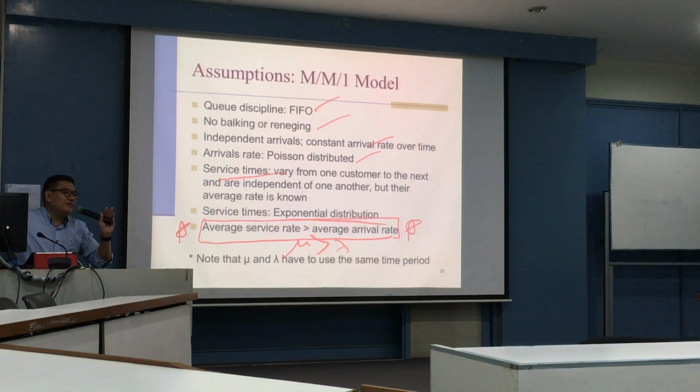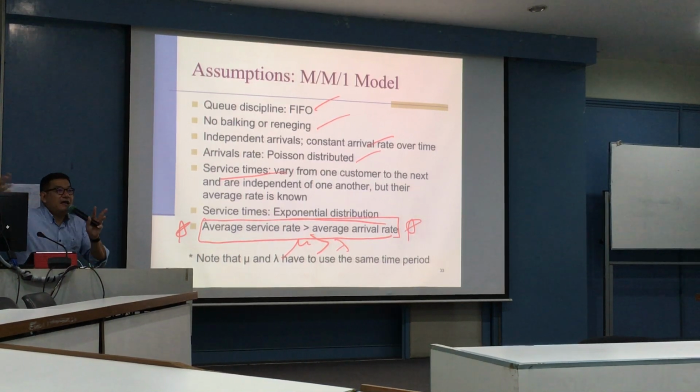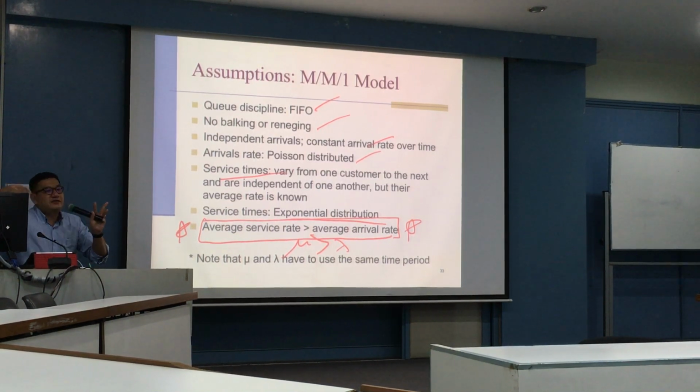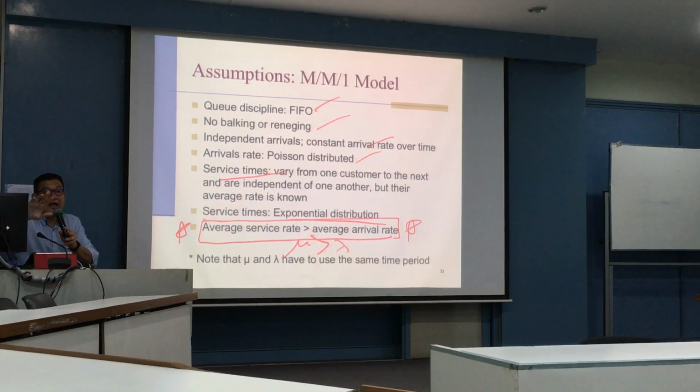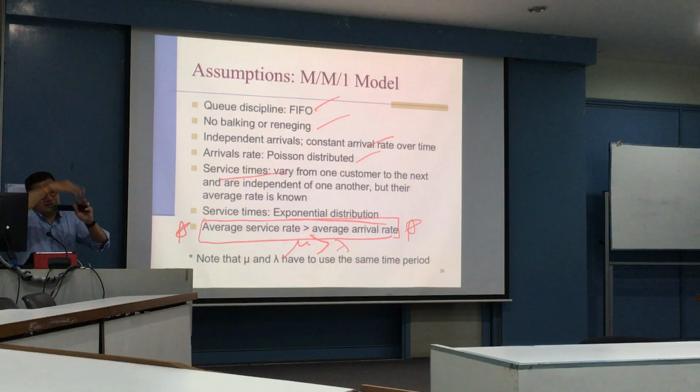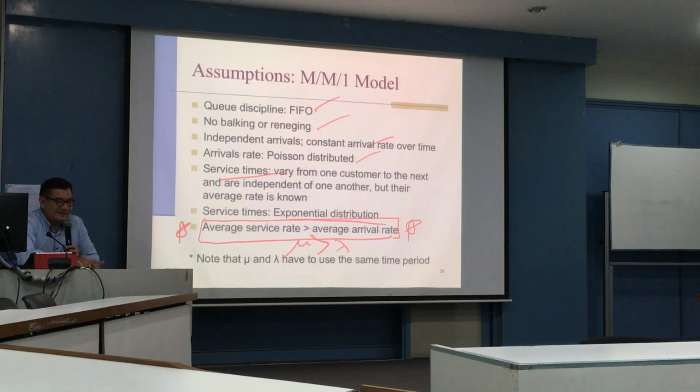You have a huge fan base of GOT7, but you have just two counters, right? So it's not a waiting line. A lot of customers try to buy tickets and they don't stay in the line. Or you have a kiosk system that's not that good. It's not a line system.